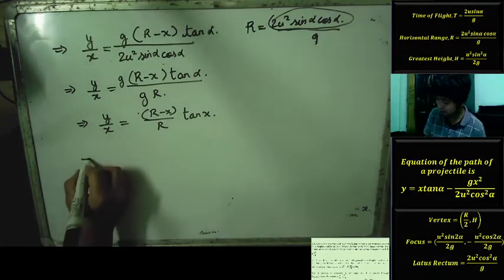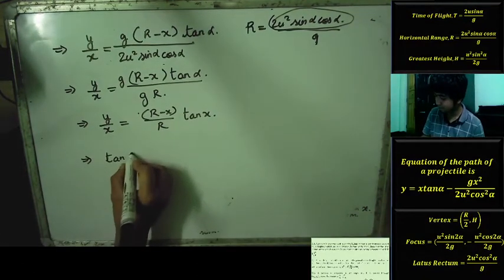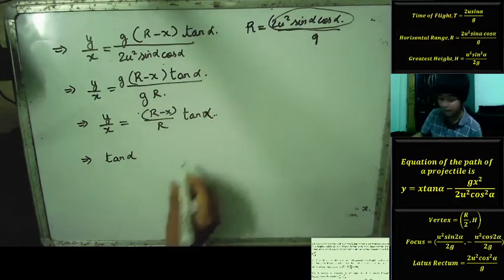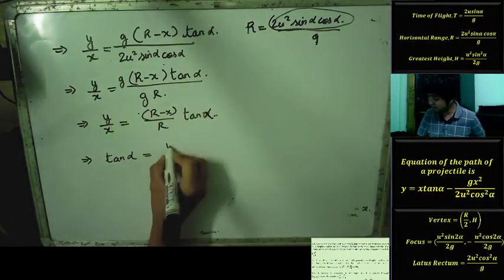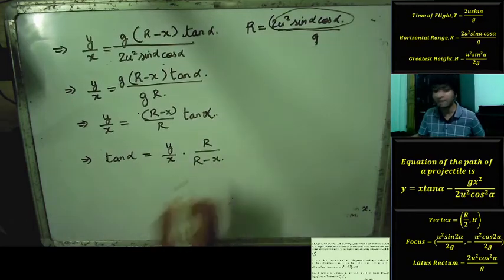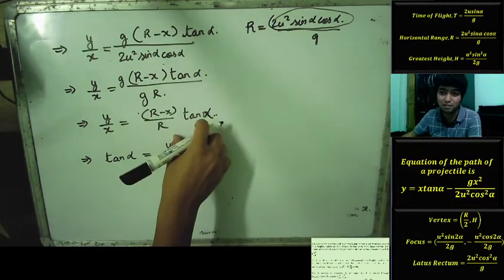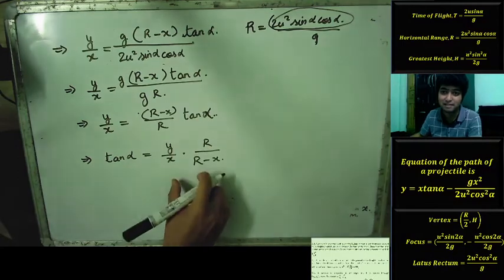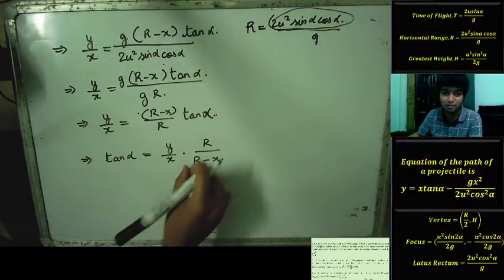That is why tan alpha you can write as y by x times R by R minus x. We have not substituted any value for y and x yet, but we can ultimately do this.